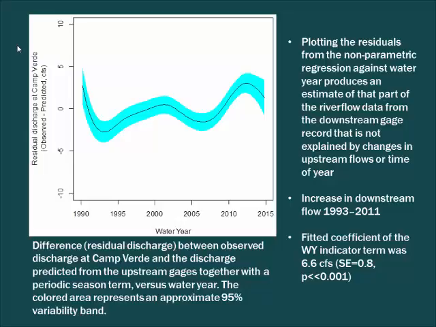Technically, it could also go a straight line after that, but it could also go down. Then we fitted a coefficient of the water year indicator term, and that was 6.6 CFS. And so that suggests that flows have been increasing by about 6.6, I'm sorry, CFS during this time frame. Okay, so there's increasing flow downstream.